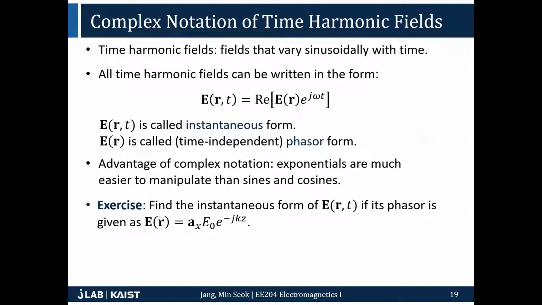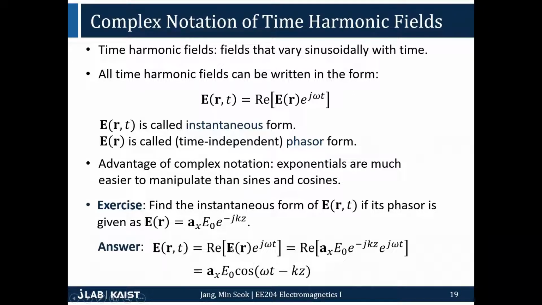So here's a simple exercise: find the instantaneous form of the phasor form given as E of r equals a_x E naught e to the minus jkz. How do we do this? We just multiply e to the j omega t by the phasor form, so your full form is like this, right?